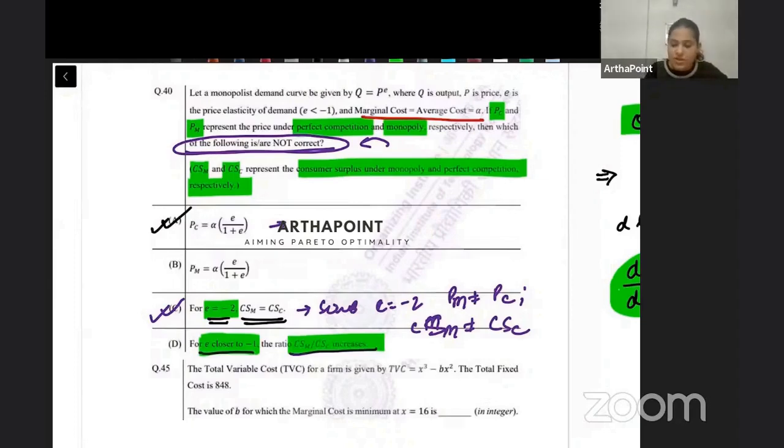Let me just take a limit and tend E to -1 for this price. For the price alpha E upon 1 plus E, I can rewrite this as alpha 1 upon 1 by E plus 1, dividing numerator and denominator by E. If E is -1, this becomes -1. So this will be alpha upon 1 minus 1, alpha by 0, which will be infinity.